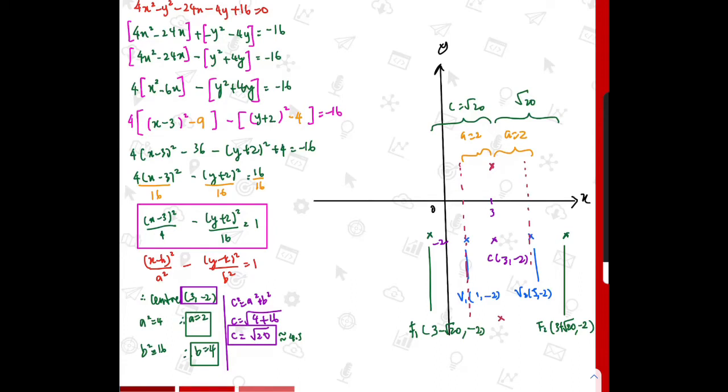So from your vertices, go up and down as much as 4 units because that is your b, and then connect the dots. Now let us find our asymptote lines. So let's connect these two edges here.